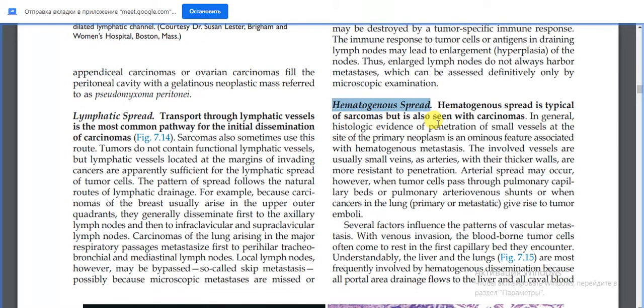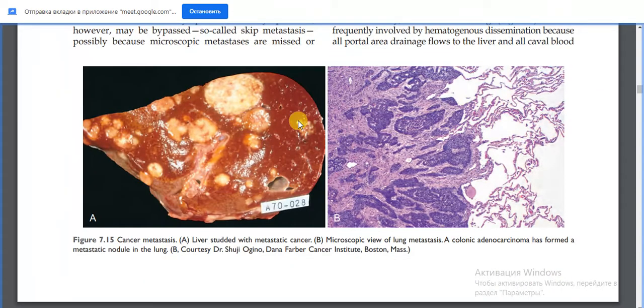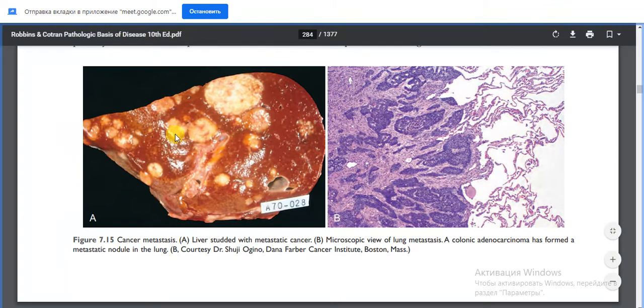A metastatic embolus is a part of malignant tissue which appears inside the blood, and this group of cells can get stuck in any organ. If it's very large, it causes an infarction in this area. But when it's very small, with few cells just spreading and not attaching in a huge mass, they can sit inside organs like the liver, for example.